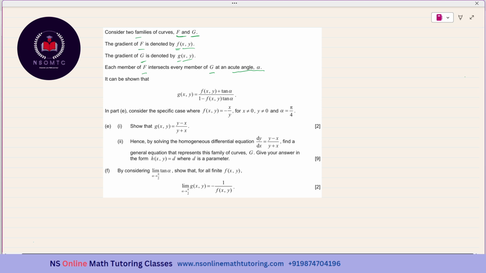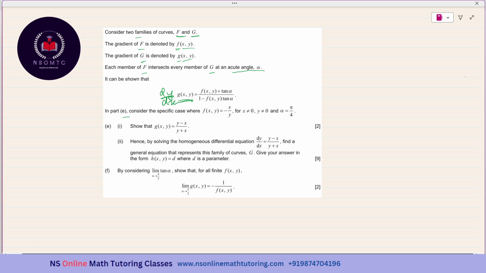It can be shown that g of x comma y, the gradient, so it is basically dy by dx, is equal to f of x comma y plus tan alpha over 1 minus f of x comma y times tan alpha.